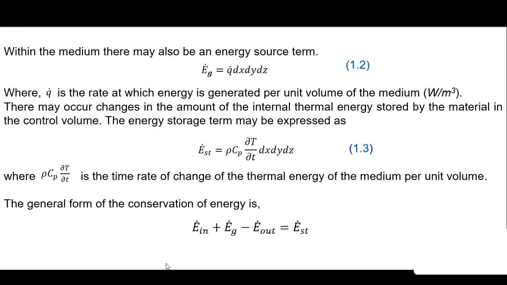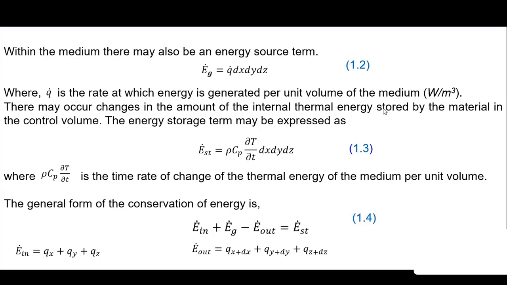So we have written the equations for E in and E out separately. We have got Eg, that is equation 1.2, and we have got E storage as equation 1.3, where E in is Qx plus Qy plus Qz and E out is Qx plus dx plus Qy plus dy plus Qz plus dz.